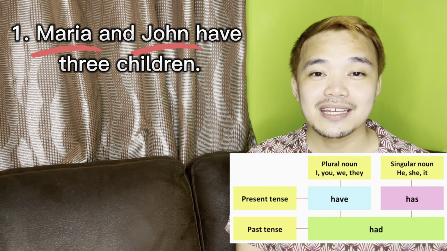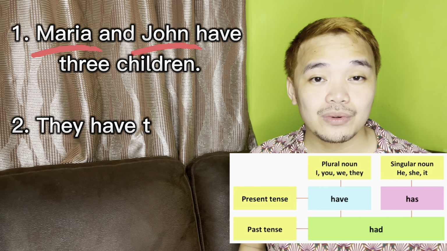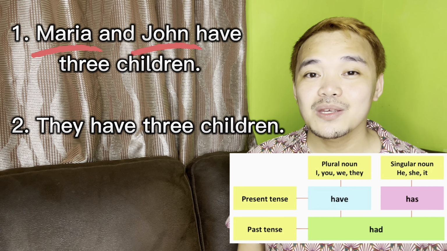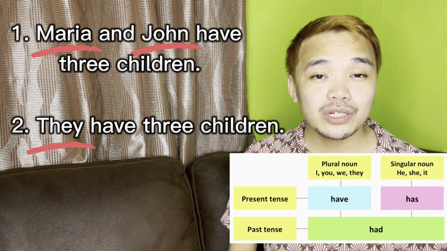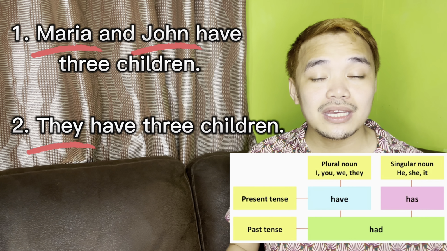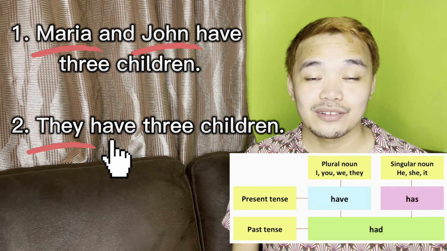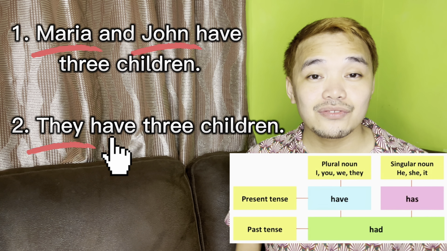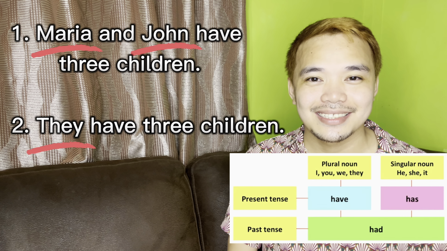Another sentence. They have 3 children. I use the pronoun they, and according to the rule, when we have the pronouns I, you, we, and they, then we have to use the verb have. That's why they have 3 children.